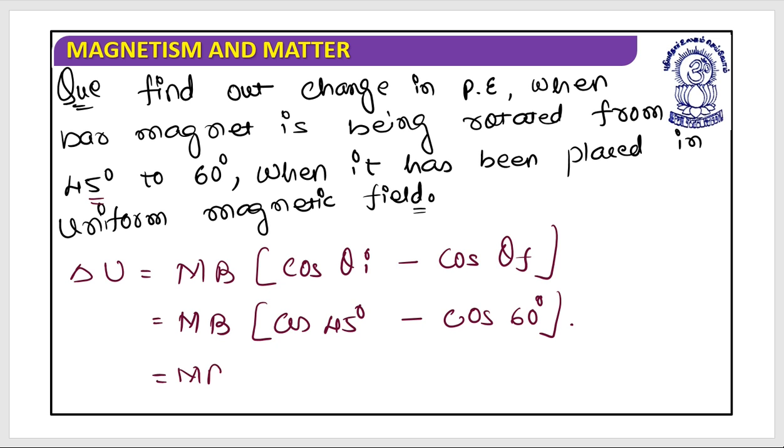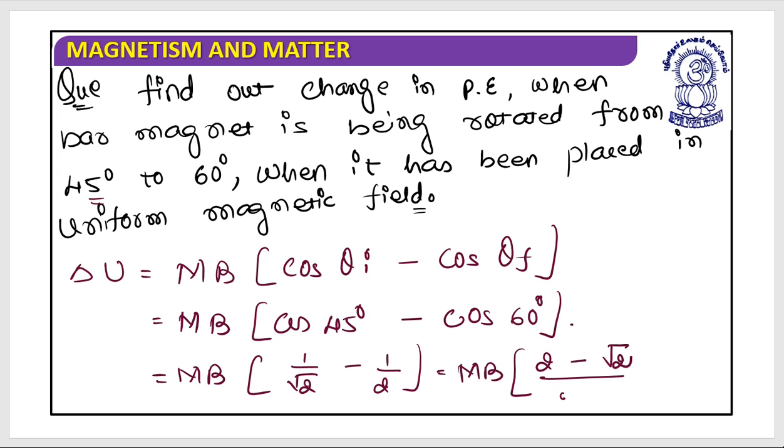This could be written as mB into bracket 1 by root 2 minus 1 by 2. So this is equal to mB into bracket 2 minus root 2 divided by 2 root 2. This is the change in potential energy when the magnet has been rotated from 45 degree to 60 degree.